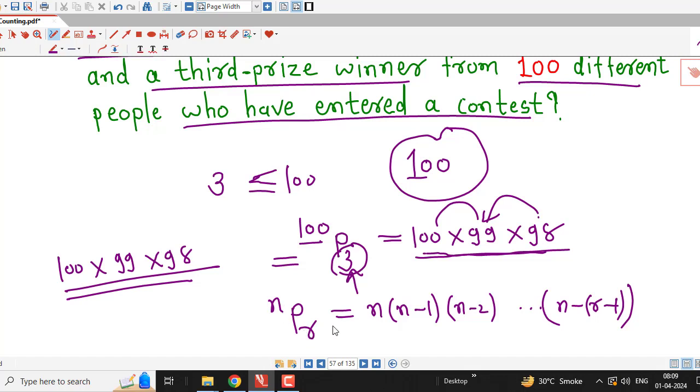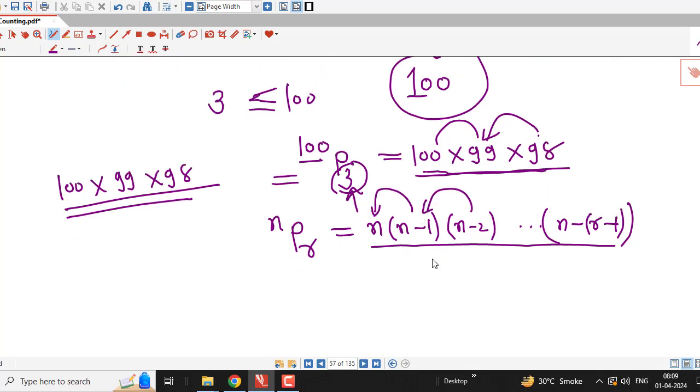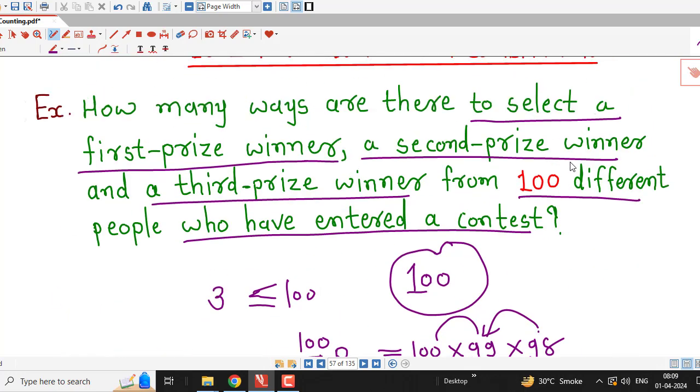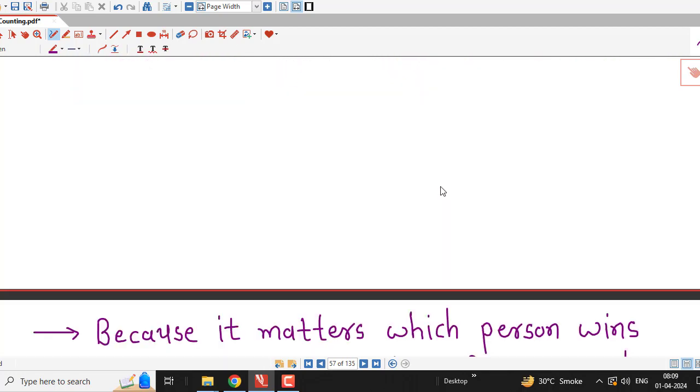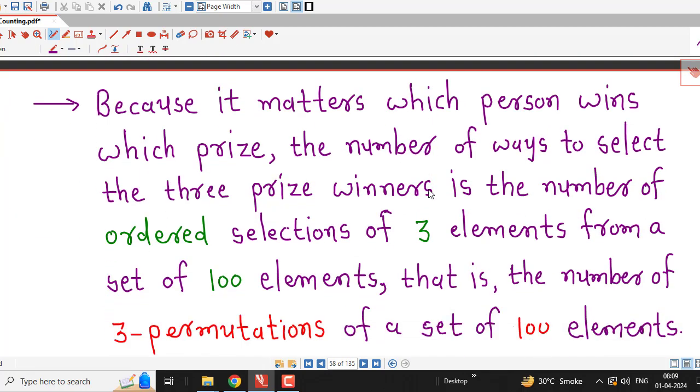Similarly, for nPr, I write r terms in the product by subtracting 1 from the previous term. So this is the required number of ways to select a first prize winner, second prize winner and third prize winner from 100 people, and we have to write it systematically.